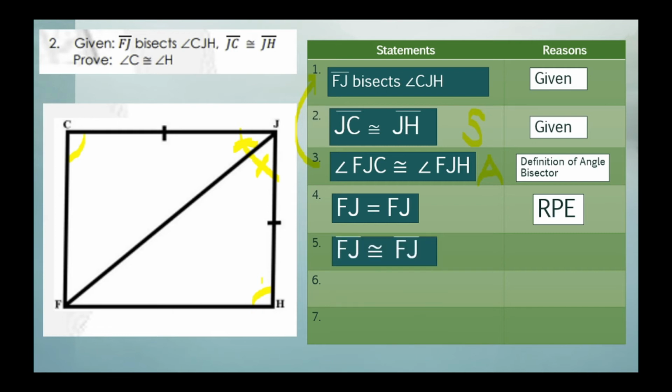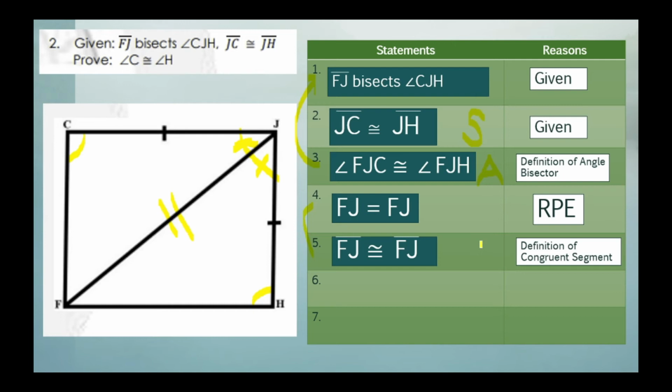We can say that segment FJ, so lalagyan na natin to ng mark, segment FJ is congruent to segment FJ. So that is coming from statement number 4 RPE, definition of congruent segment. Bakit naging definition ng congruent segment? Kasi kapag ang dalawang side ay equal sa length, therefore, they are congruent.